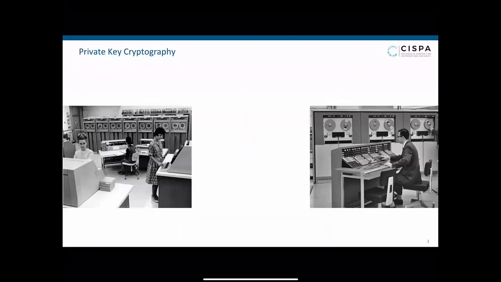So private key cryptography, we can think of a technology which comes from a time when computers were huge, when computers were not ubiquitous. There were very few computers in the world. So it was a good assumption that these computers maybe belong to the same company, and there was some way to distribute private keys of private key encryption schemes securely to these computers, right?